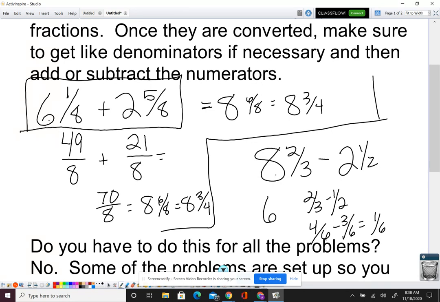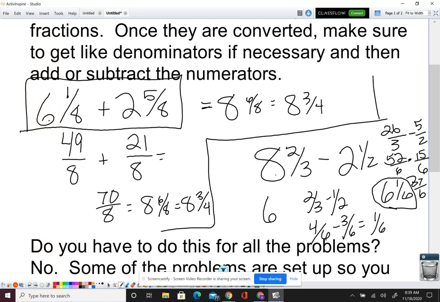So my suggestion for the subtractions, at least, is go ahead and convert them to improper fractions. So this would be 26/3 minus 5/2, and then create the least common denominator and get 52/6 minus 15/6. 52 minus 15 is 37. 37/6. 6 goes in there 6 times with 1 left over. 6 and 1/6.